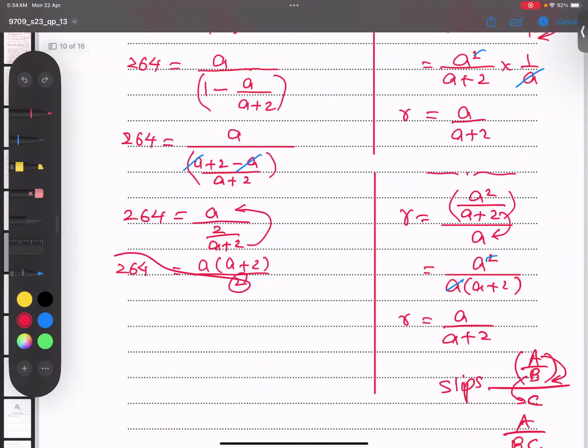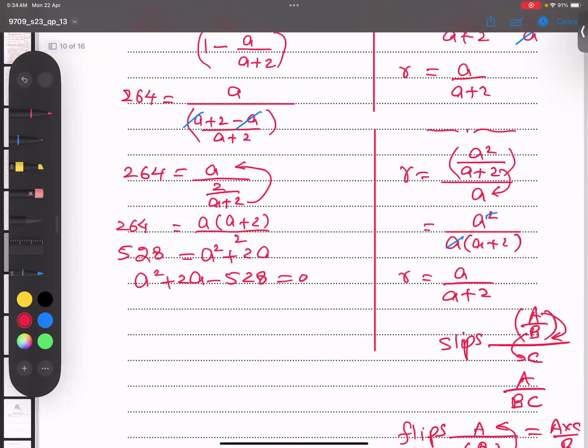Now this 2 is multiplied there. So 2 4s are 8, 2 6s are 12, and 2 5s are 10, giving 528. And multiplying A inside, I get A squared plus 2A. This will go up there. I get A squared plus 2A minus 528. And if I write equal to 0 here or there, no issue at all.